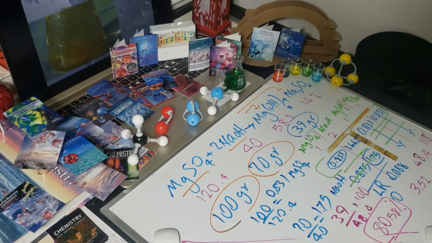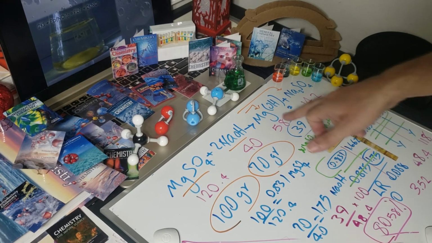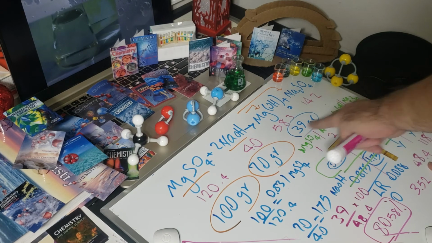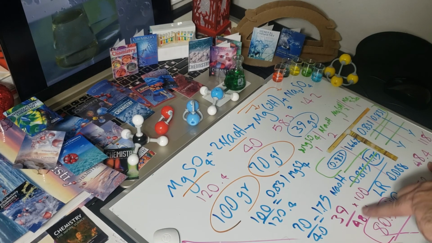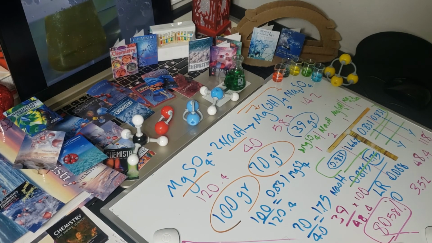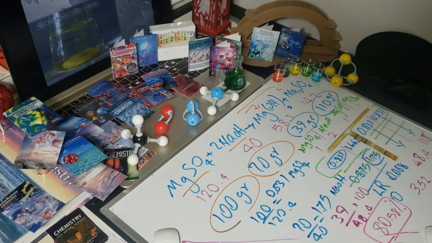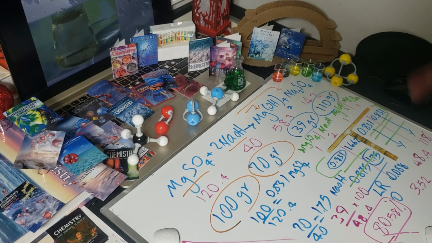The problem may ask you, what is the percent yield if this much of this is produced? Then you have the theoretical amount, and you take the actual divided by the theoretical times 100 to get the percent yield. The problem may also give you, for example, if 110 grams of this is produced, what is the percent yield? Then you take 110 divided by 118 to get another percent yield.